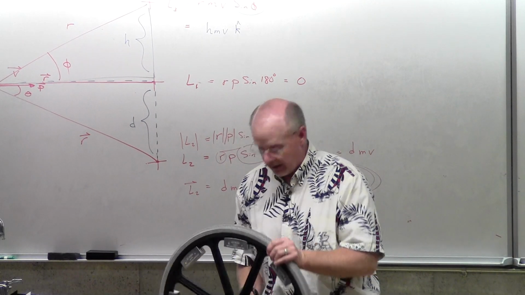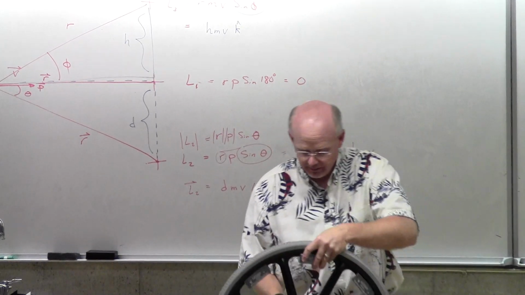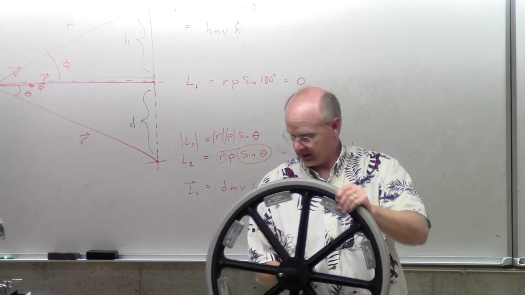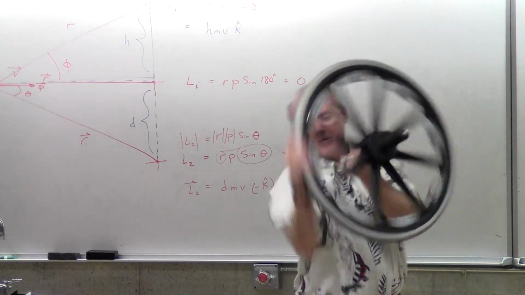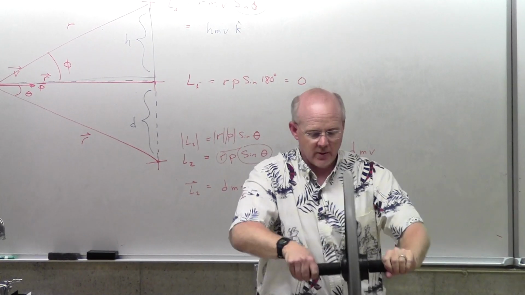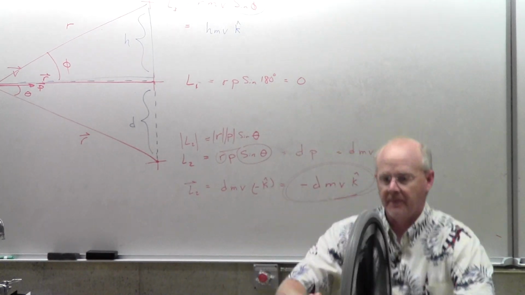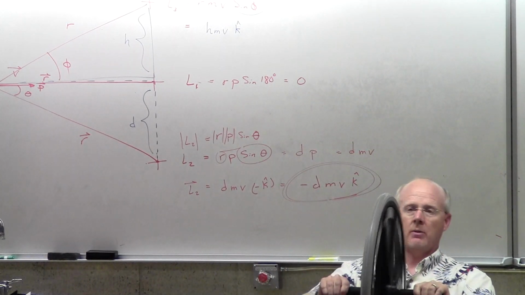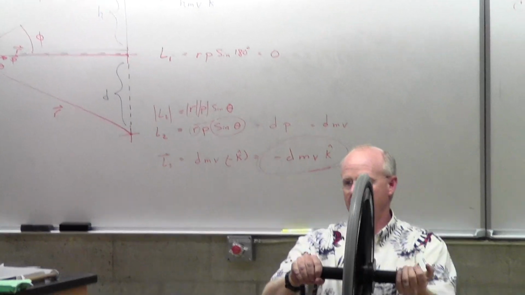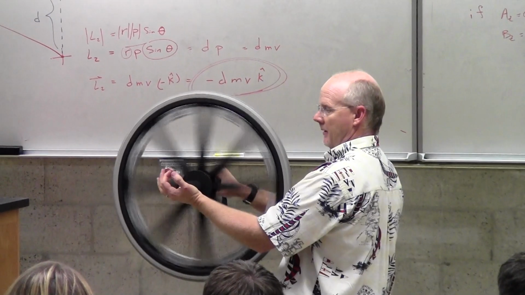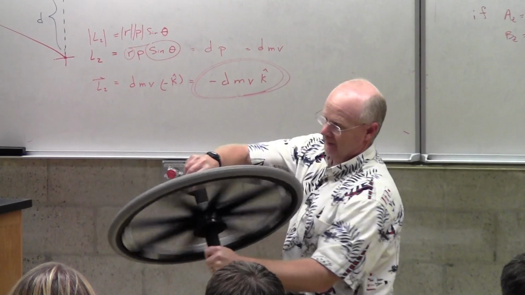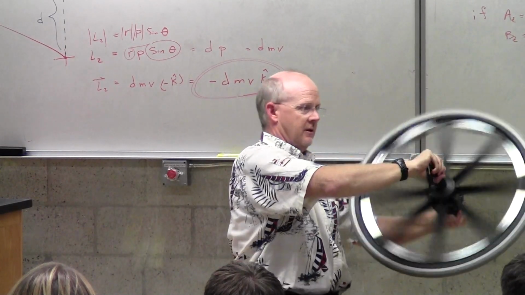Really no different than you riding a bicycle. You do something like this. Let's see. If you were riding your bike, you would be spinning the wheel this way. And then how would you turn to the right? You would lean it. How would you go to the left? You would lean it.